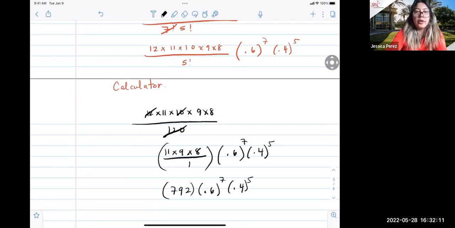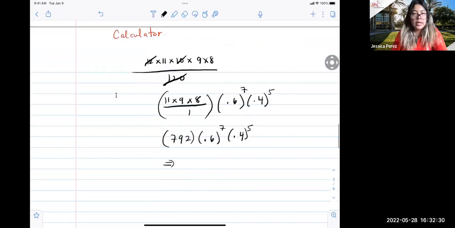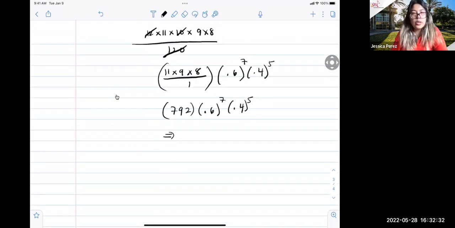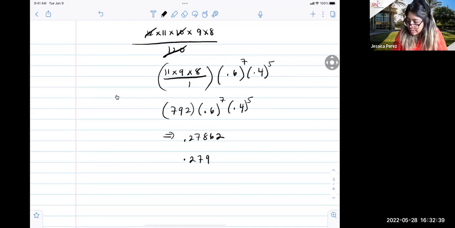Let's do that on our calculator. 792 times 0.6 raised to the 7th power, and then times, of course, 0.4 raised to the 5th power. So let's see if that does it calculated. Yep. And this gives us roughly, using my calculator, 0.27862. So rounding, 0.279. Okay, because the 6 tells us to bump up.